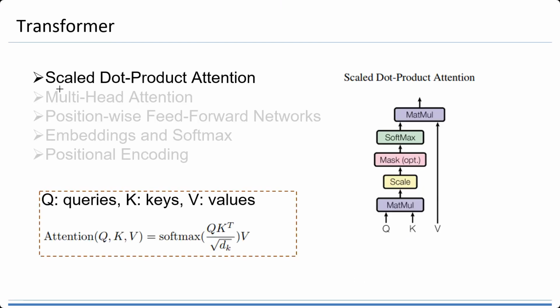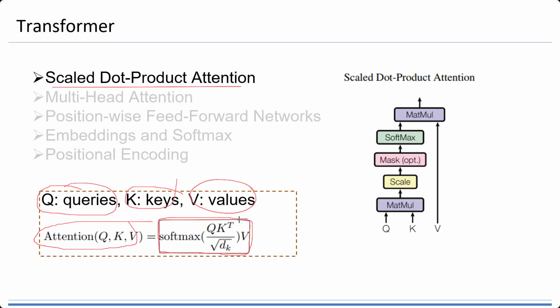This is the most common attention, and in the transformer, we look at the Q, the K, and the V. For every attention, we use the softmax function of Q, the query, and K transpose.